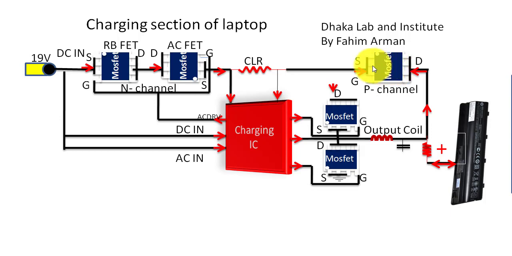From the drain the voltage will pass to the source point, and it will enter the side of the CLR, and as usual the CLR will give the sense to the charging IC, and the voltage will also enter into the charging IC and other parts, and the charging IC will be activated.